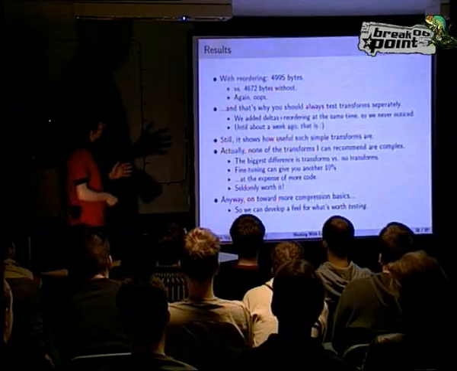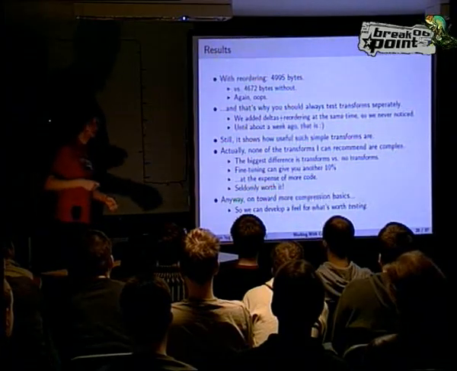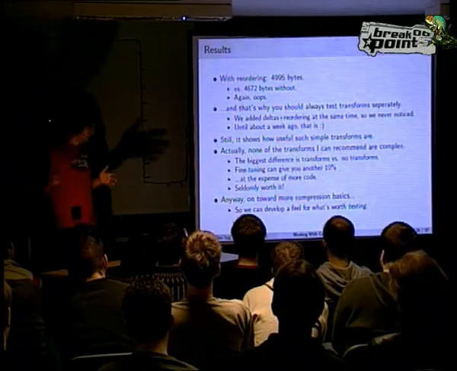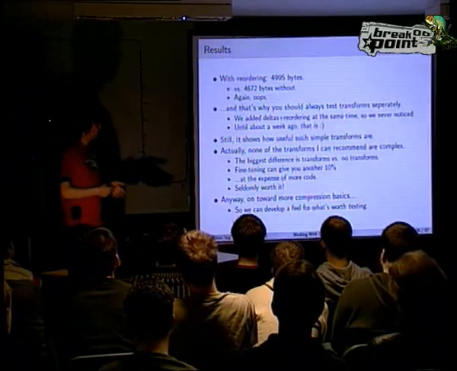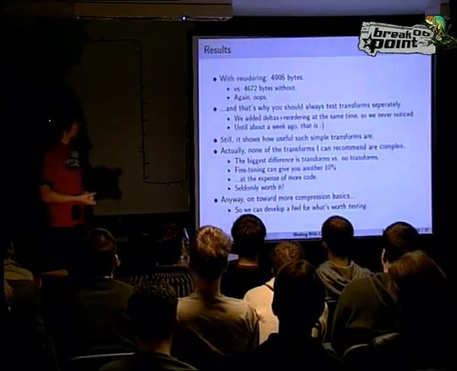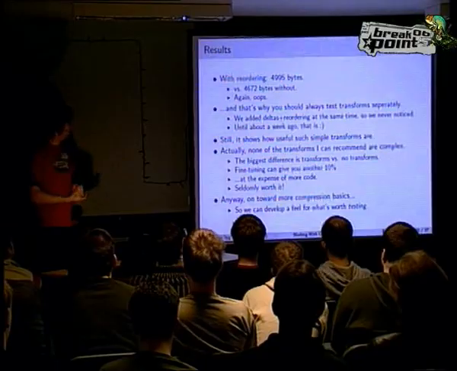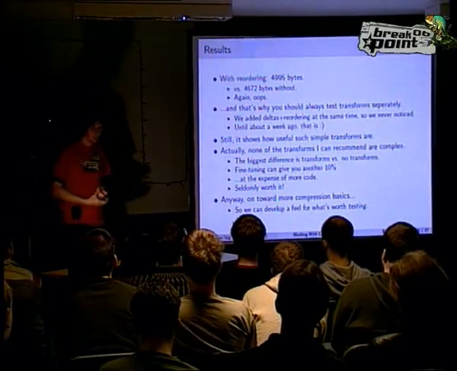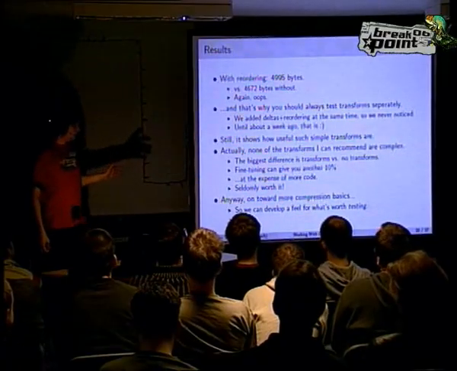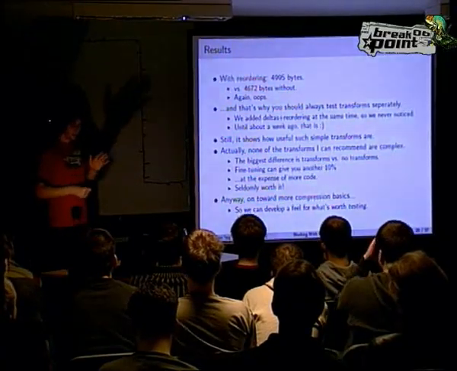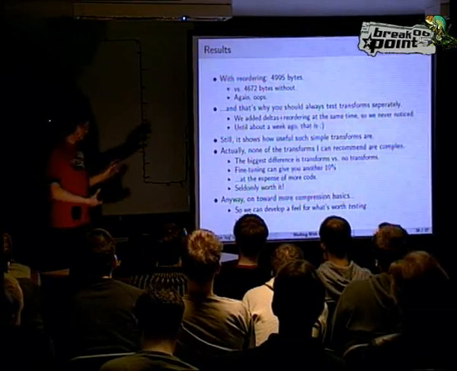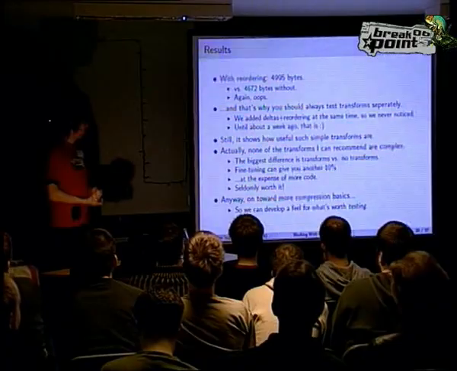And this is the reason why you should always test this kind of transform separately. What happened here was that we did the reordering and the delta coding at the same time. So we didn't even notice that this reordering actually makes everything bigger until I started preparing the seminar. What you can see from this example is how much difference it can make to make really simple changes to the way you store your data.